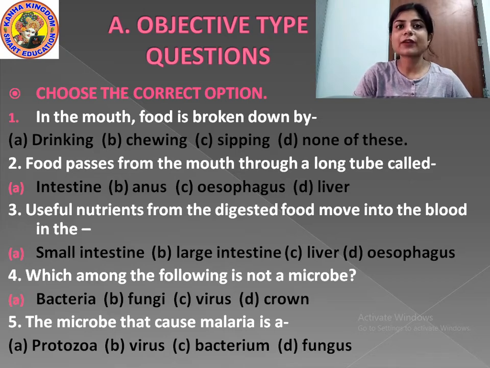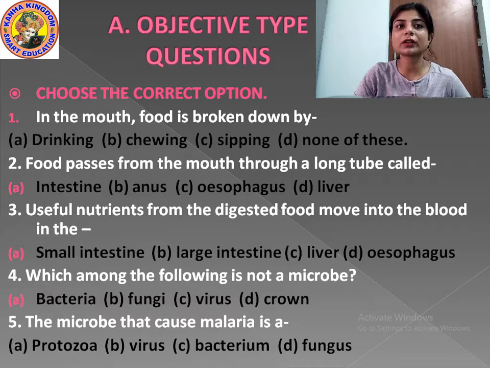Okay. Then number 3. Useful nutrients from the digested food move into the blood in the. The options are small intestine, large intestine, liver and esophagus.